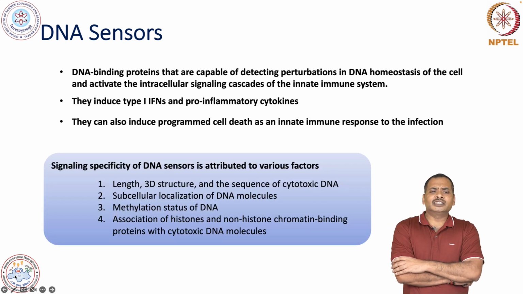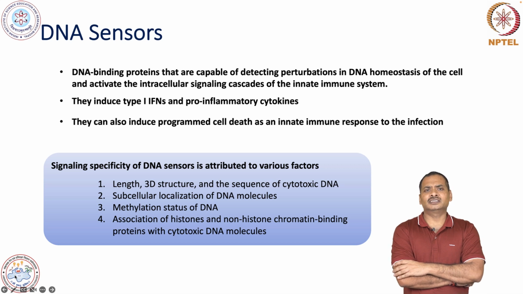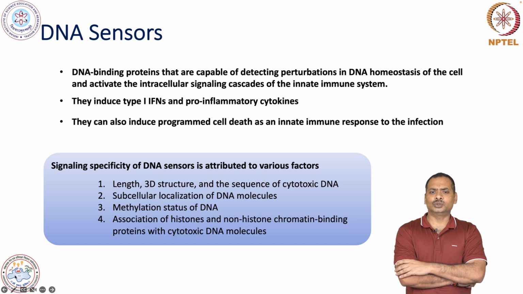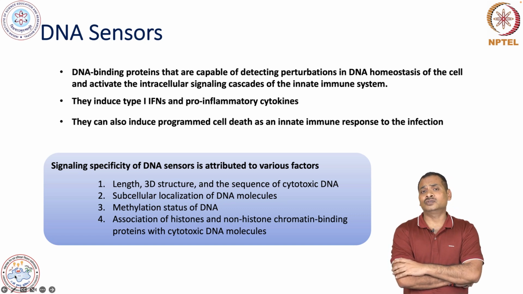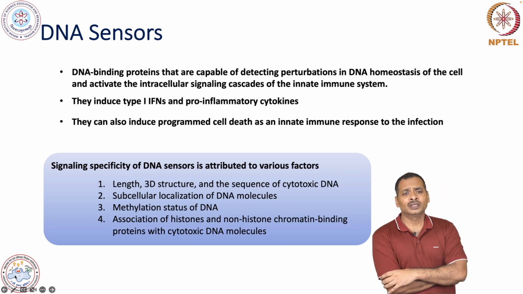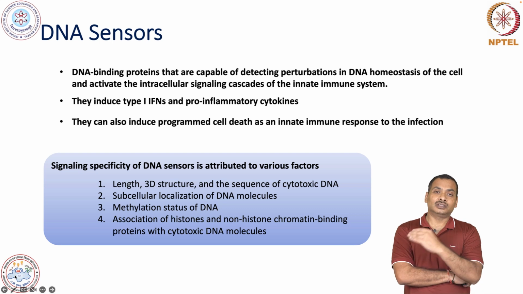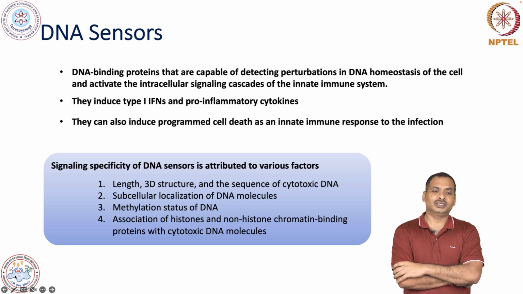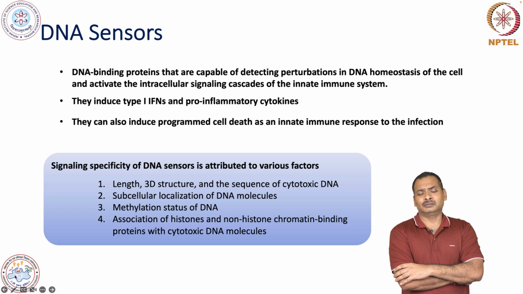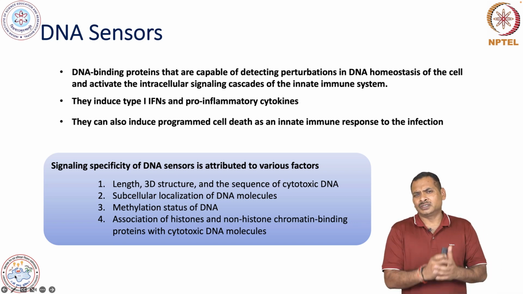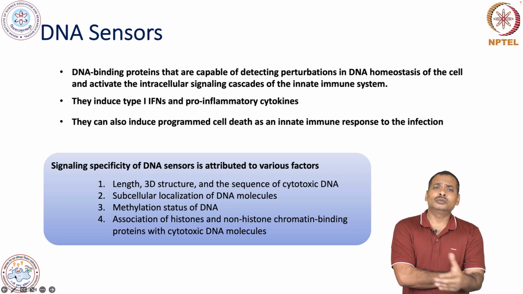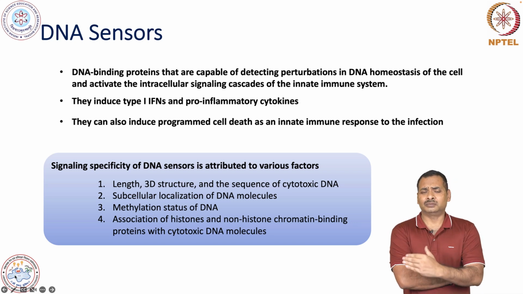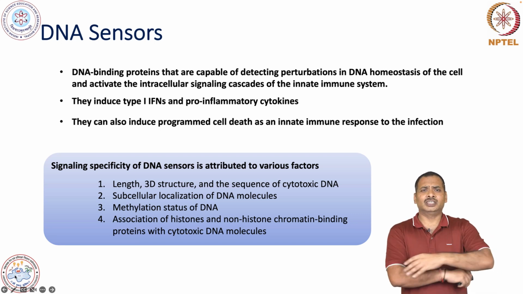The signaling specificity of DNA sensors is attributed to various factors, and that includes the length of the DNA molecule in terms of base pairs, and the 3-dimensional structure. The 3-dimensional structure is very important. You know that mainly RNA makes various kinds of complicated 3-dimensional structures, but DNA also makes various kinds of three-dimensional structures.